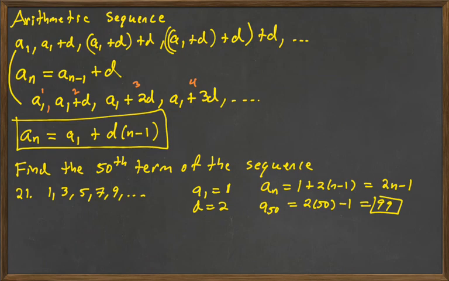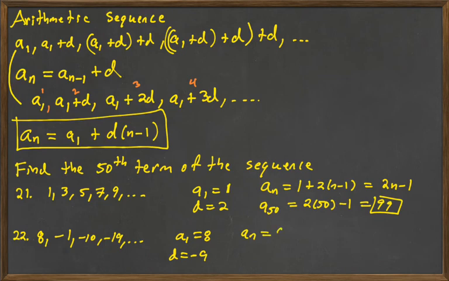Okay, let's do another example. 8, negative 1, negative 10, negative 19, etc. So 8 minus 9 is negative 1. Negative 1 minus 9 is negative 10. Negative 10 minus 9 is negative 19. So this is an arithmetic sequence. You're subtracting the same number over and over again. First term is 8, common difference is negative 9.